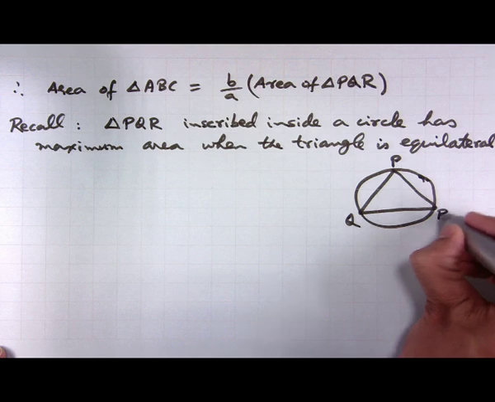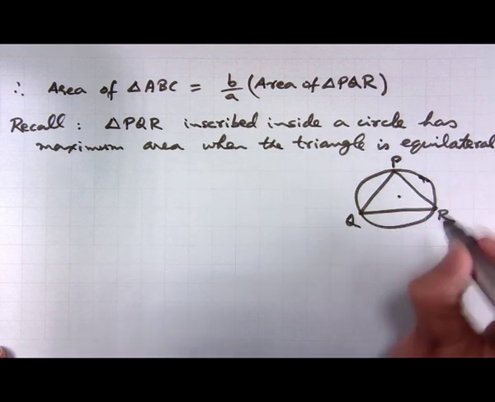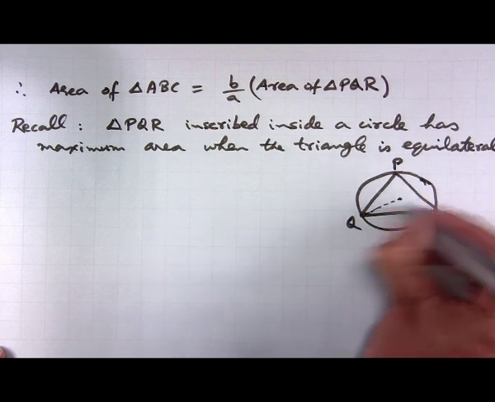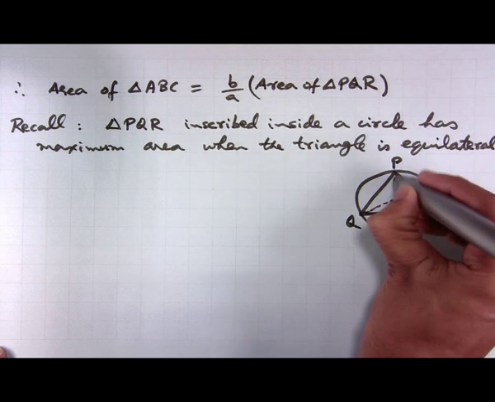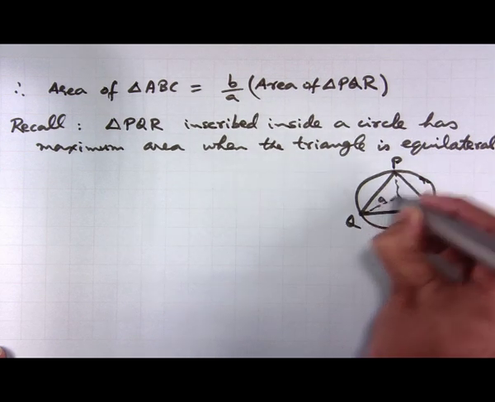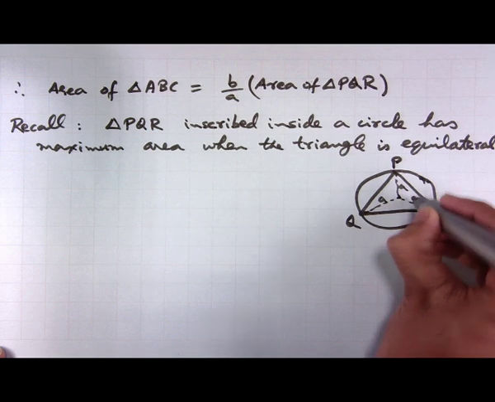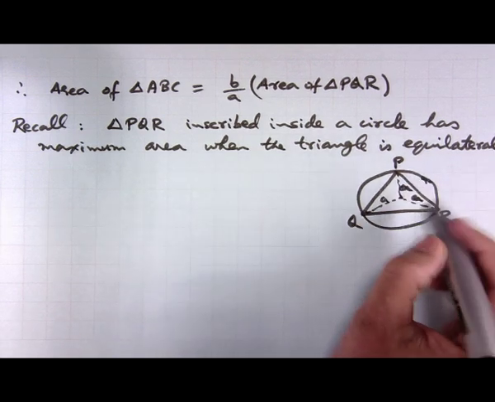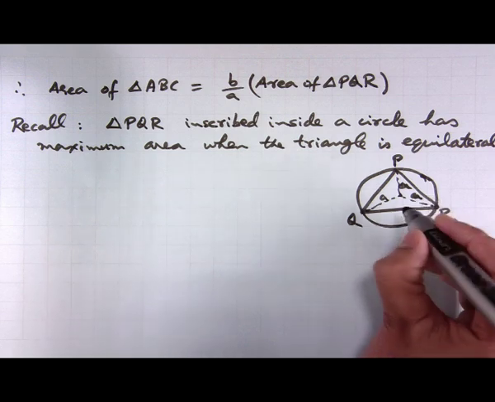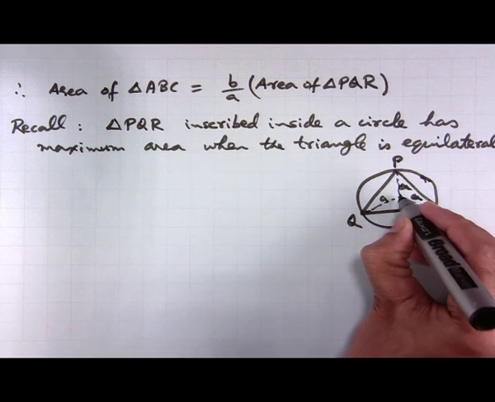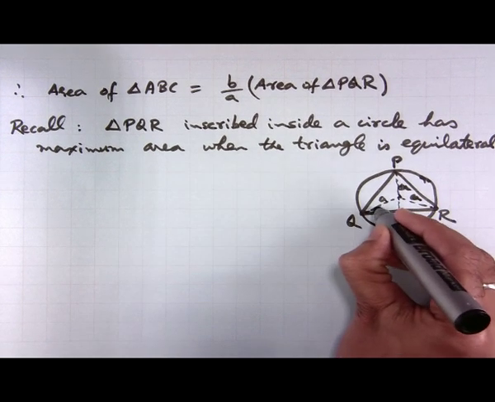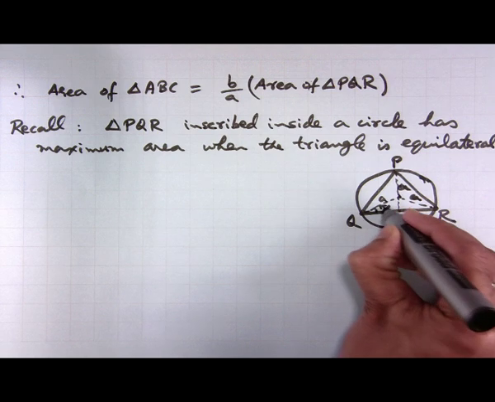So, if we have this PQR, this is the center of the circle, we are taking this radius to be equal to A, and therefore, we can find the maximum possible area of this equilateral triangle, because if you look, this angle is pi by 6.